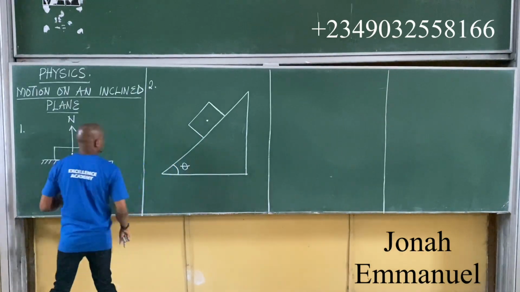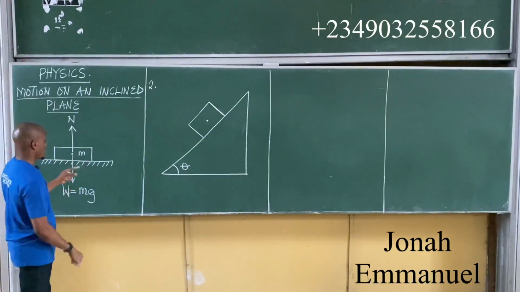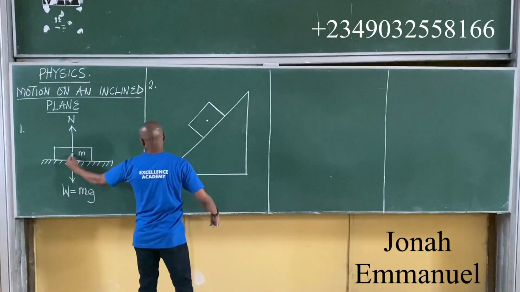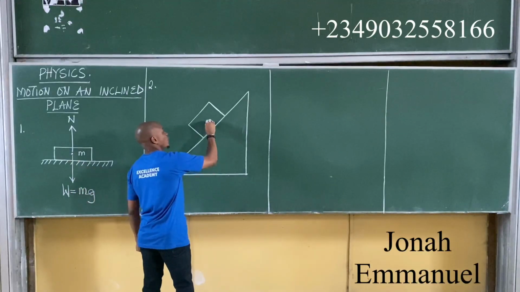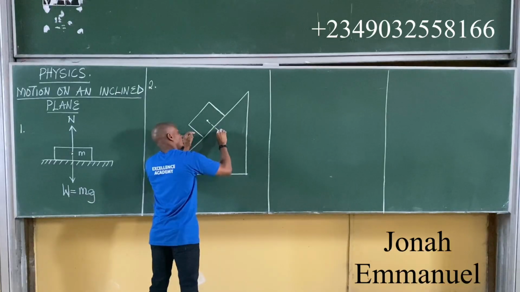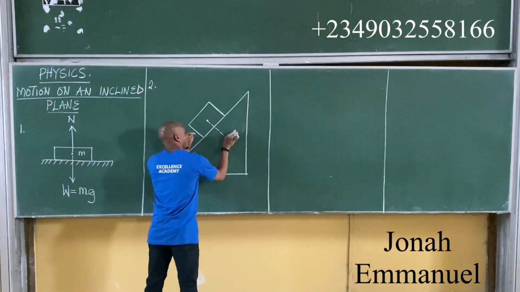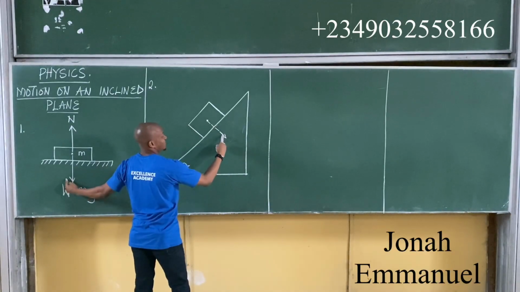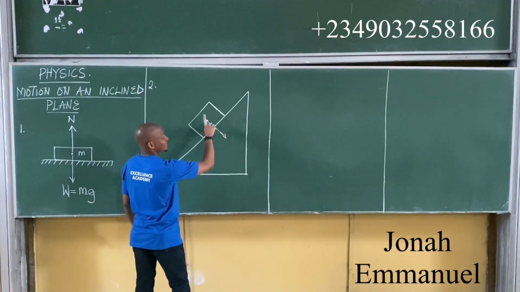Normally you would think that if I take this one and place it this way, as it is coming down like this, the weight should have come this way. So this is what you would expect. But this is not the reality, please.